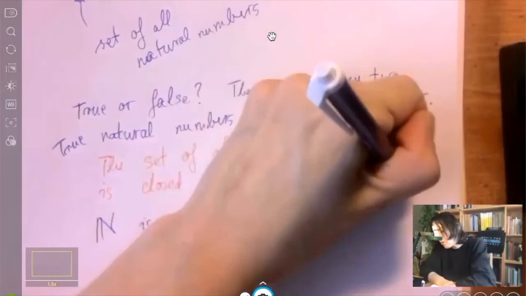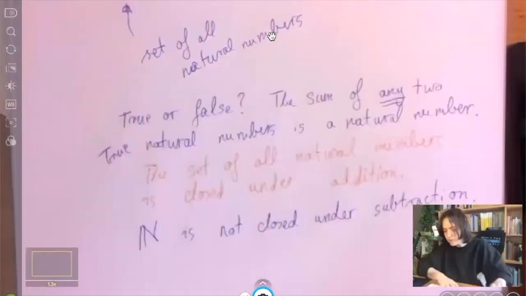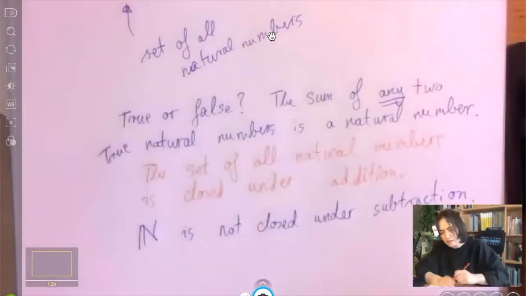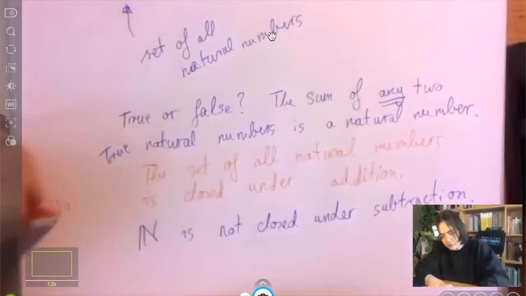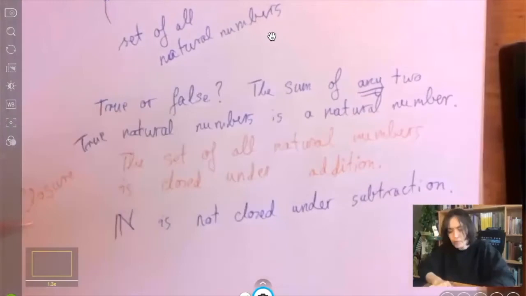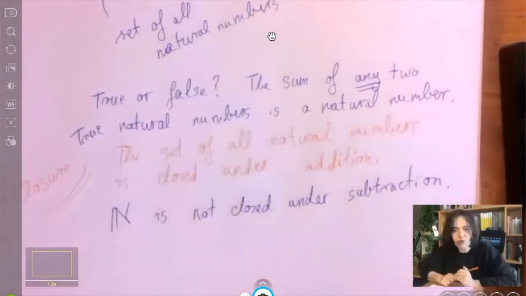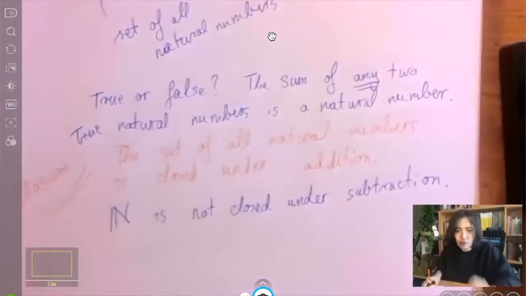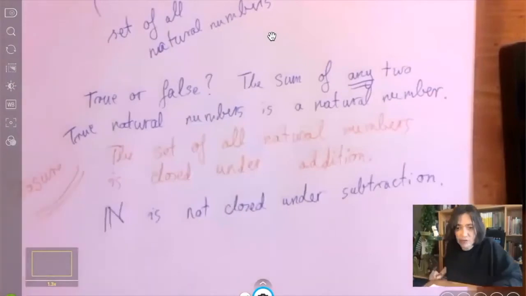Oh, and there is one more word that I mentioned, but I didn't write, closure. So N is not closed under subtraction, which means actually mathematicians like closure. They really do, because that means the result exists within the set we are looking at.